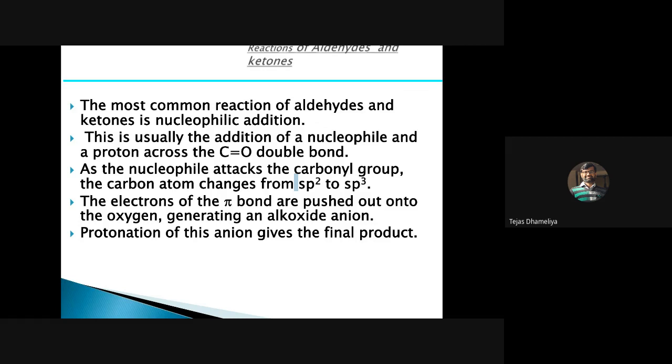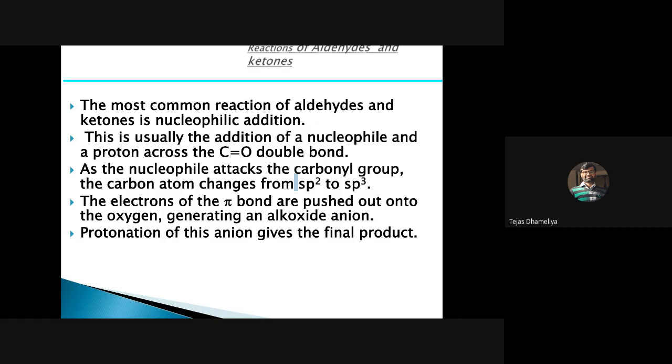So once the nucleophile attacks the carbonyl group, oxygen will have this negative charge. Carbon will have 4 valency. So once the carbon has 4 valency, it is no more sp2 carbon.